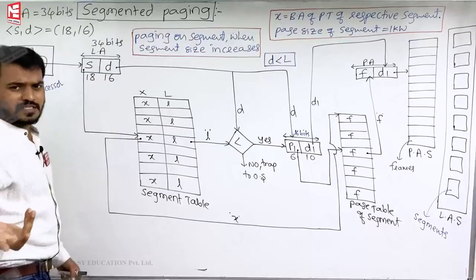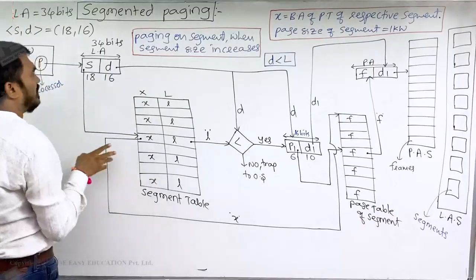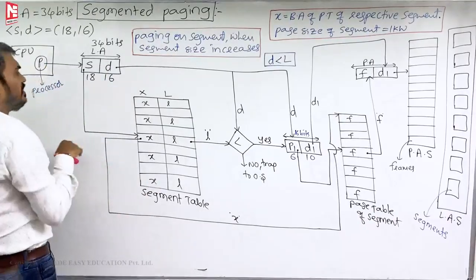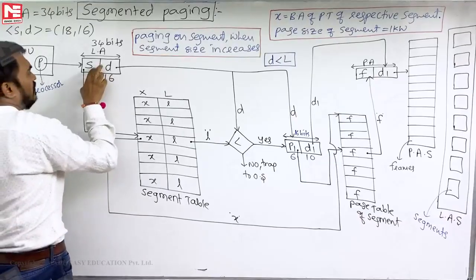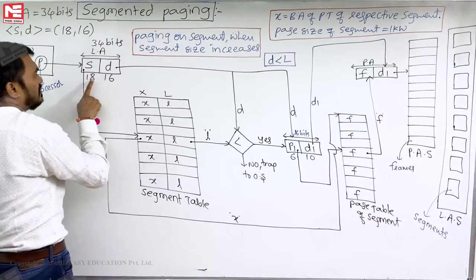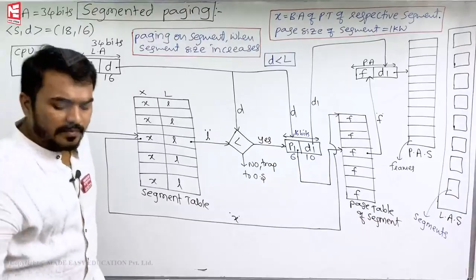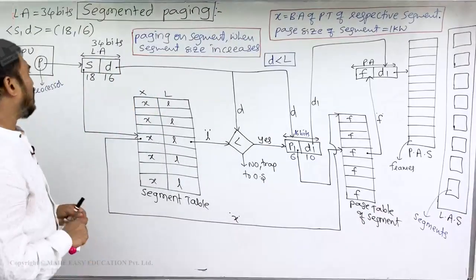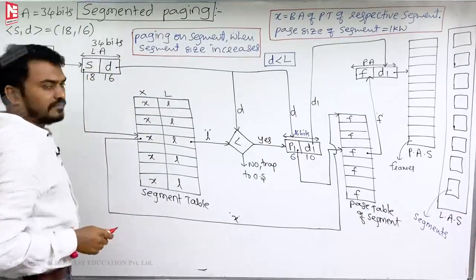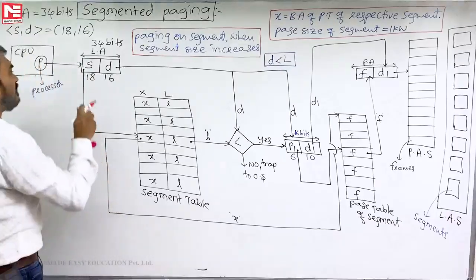I am talking about normal segmentation, which we studied previously. In normal segmentation the logical address is divided into two parts, S and D. S is 18 bits and D is 16 bits. The segment number requires 18 bits.